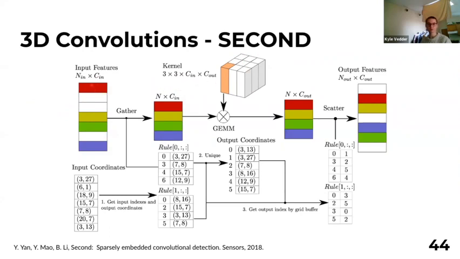Rather than actually doing the conv over everything, including the zeros, you can do a gather where you essentially write down the coordinates associated with each non-zero input, do a generalized matrix multiplication using their scheme. You'll get output coordinates that ought to be non-zero, and then you can scatter these results back into the original space. So the key thing here is if 90% of them are zeroed, you get to skip 90% of the operations, and the little bit of extra overhead induced here is totally worth it.